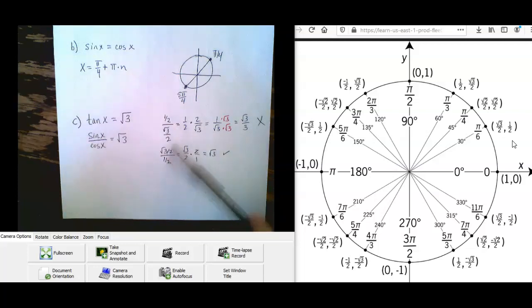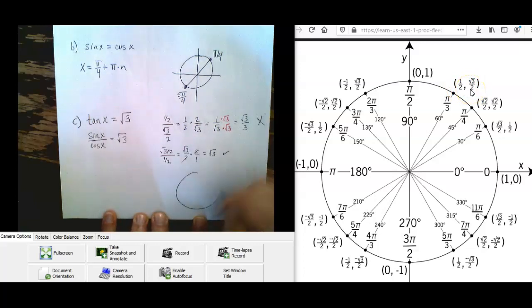So let's look around. In the first quadrant, we can find that pretty quickly. Remember, sine is the y-coordinate. So the y-coordinate is root 3 over 2, and the x-coordinate is 1/2. So we can see that the first solution on our unit circle happens at pi over 3.